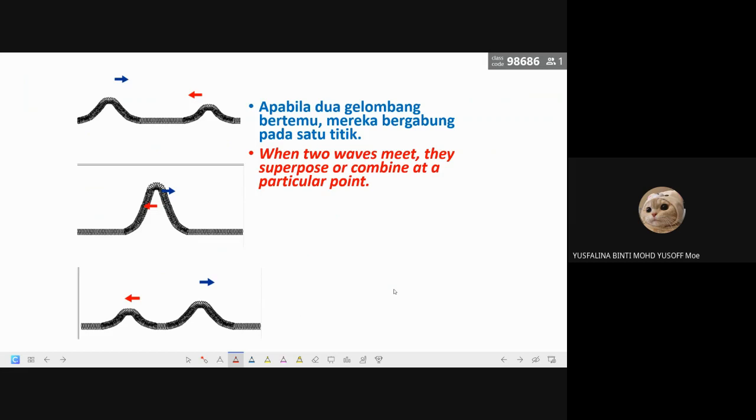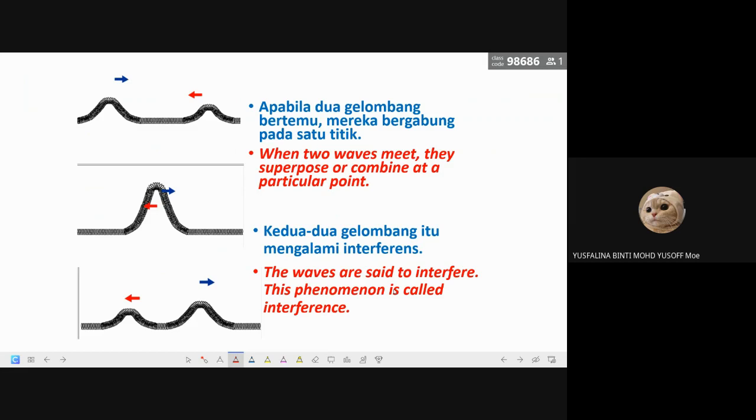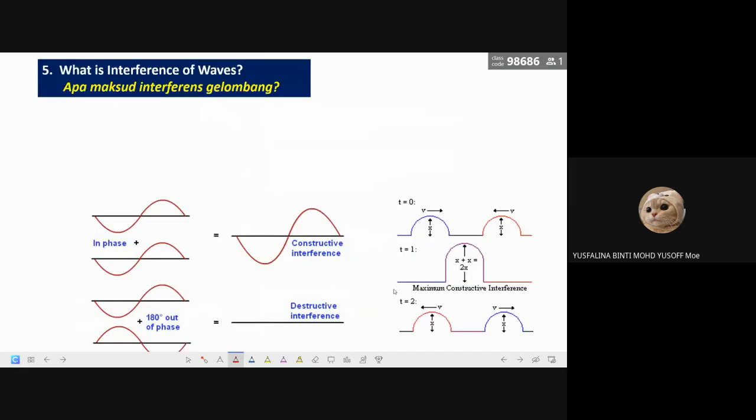There will be overlap at that point, so the waves are said to interfere. When they meet and overlap with each other, we say the waves are interfered. This phenomenon is called interference.